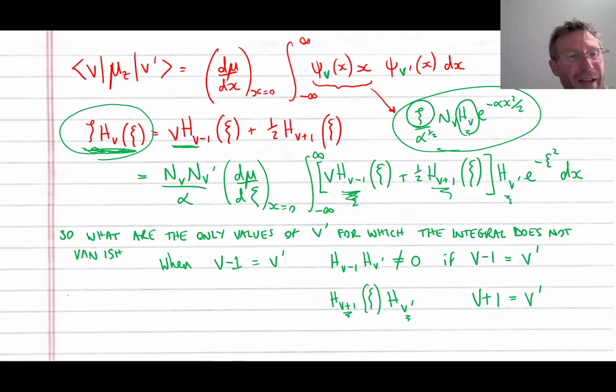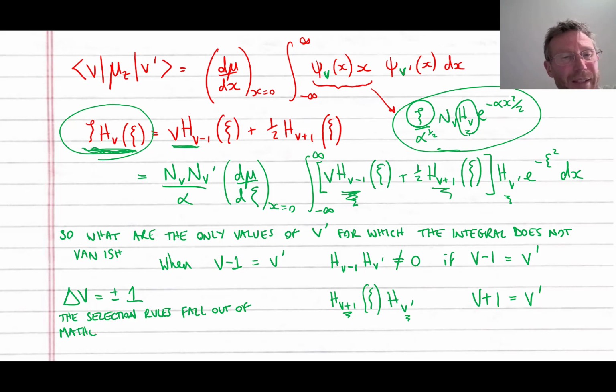It tells me that delta v must be equal to plus or minus 1. And therefore the selection rules fall out of the mathematics and the principles of orthogonality.